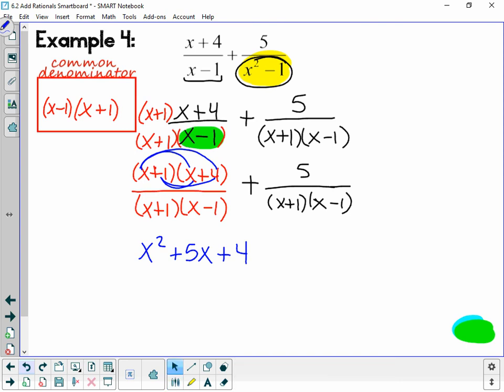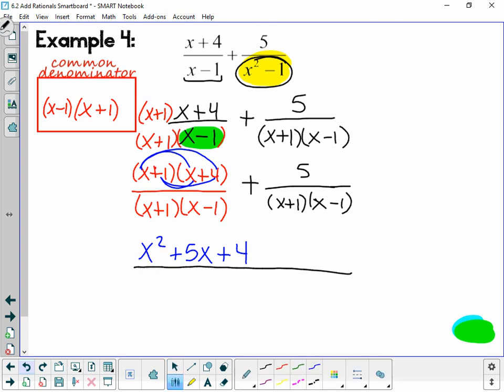Okay, so right now we're combining our two fractions. We know that that denominator is going to stay the same. And we've multiplied out that fraction's numerator on the left-hand side. On the right-hand side, we just need to add that 5 to combine those two. And at this point, we're really close to being done. We just need to combine these two terms that are alike.